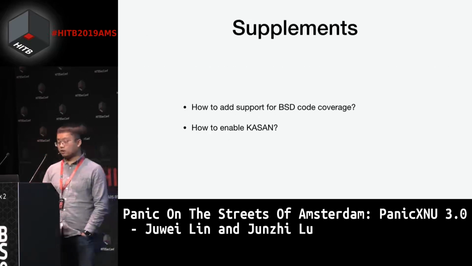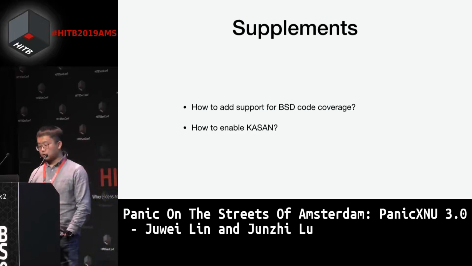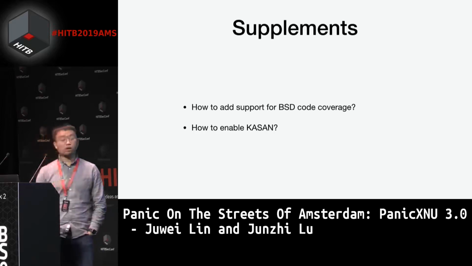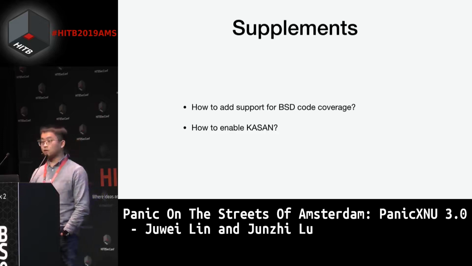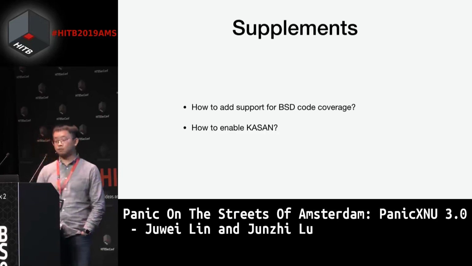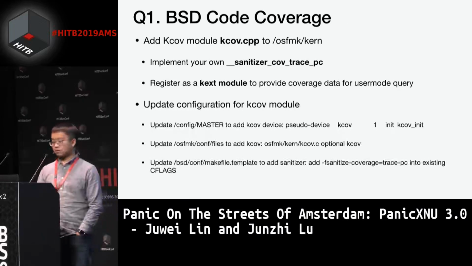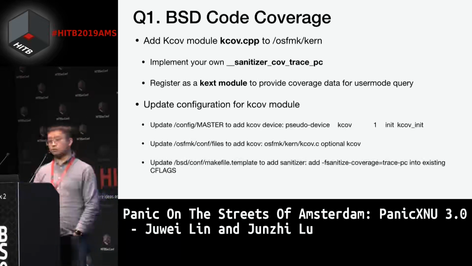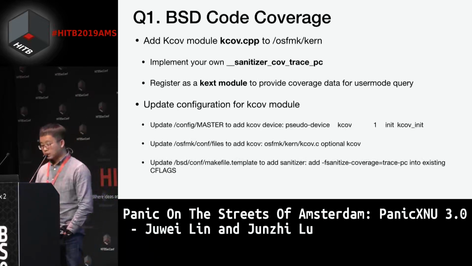I already talked about version 1 in last year's presentation, and today I will give you 2 more trivial items. The first one is how to add support for BSD code coverage, and the second one is how to enable the kernel address sanitizer. Let's focus on the first question: how to add BSD code coverage into the current XNU source code.